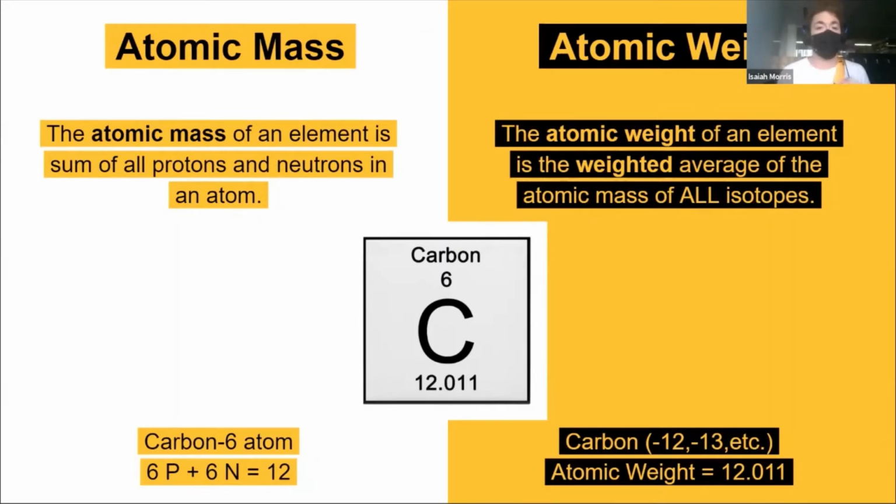It is because the atomic weight of an element is actually the weighted average of the atomic mass of all of its isotopes. So some of you may be familiar with carbon-13, different variations and permutations of the carbon atom. Those all have different atomic weights because those neutrons aren't the same per isotope.